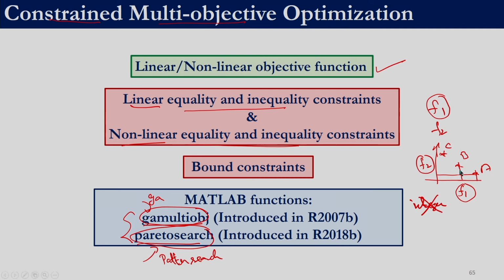Similarly, B has an f2 which is poorer than A, but an f1 which is better than A. Similarly, C has an f1 which is better than both A and B, but an f2 value which is poorer than both A and B. In this case, all these 3 solutions are equally good. They constitute the Pareto solutions and are commonly known as non-dominated solutions.